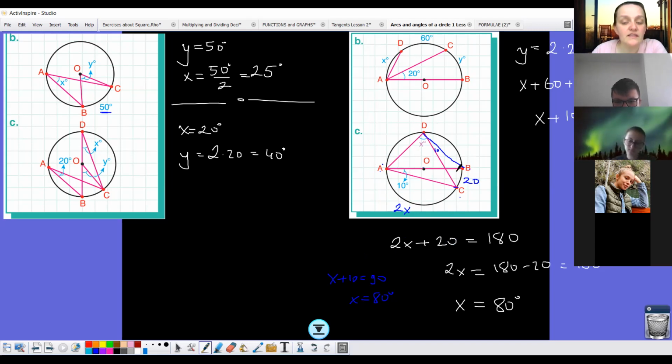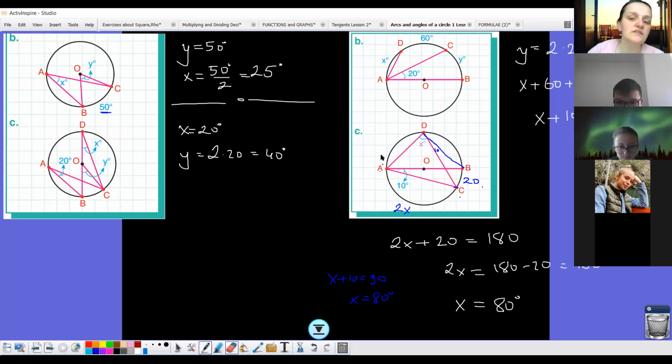The arc that this angle intercepts is from B to C. If this angle is 10 degrees, this arc is 2 times 10, 20 degrees. So if AB is a diameter, the arc from A to B is a semicircle, and it is 180 degrees. So 2x plus 20 is equal to 180. With the normal math operations, we found that x is equal to 80 degrees.